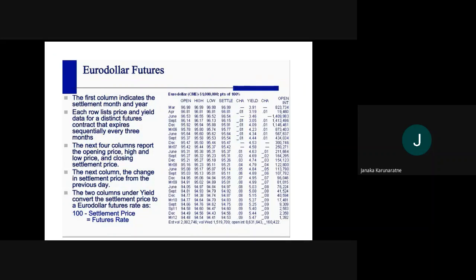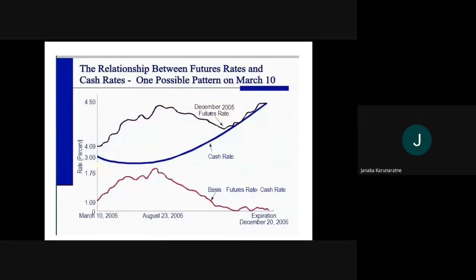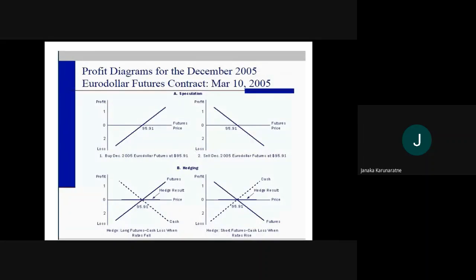So if the interest rate goes up, price will come down. If the interest rate comes down, price will go up. Even if you look at here, that's what happens. So if the interest rate goes down, what happens to the futures price?